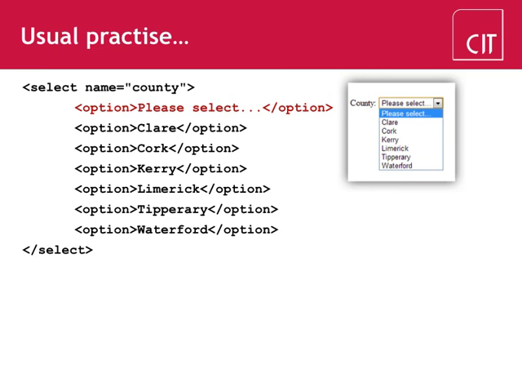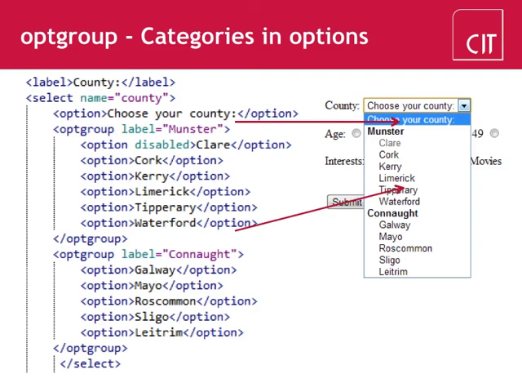So that's something you'd want to avoid. You can even group them if you really want to have a sophisticated drop-down box. So here we have Munster counties in one section and Connacht counties in another, if you really wanted to push the boat out.